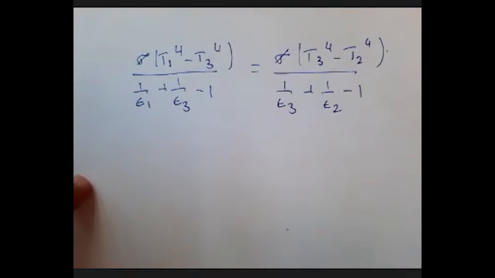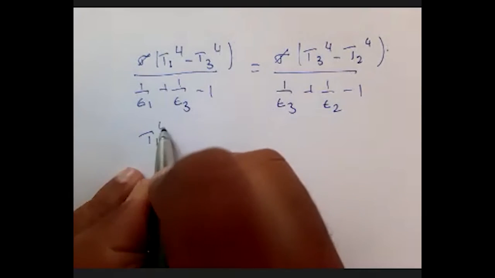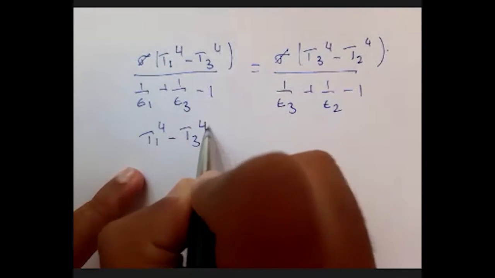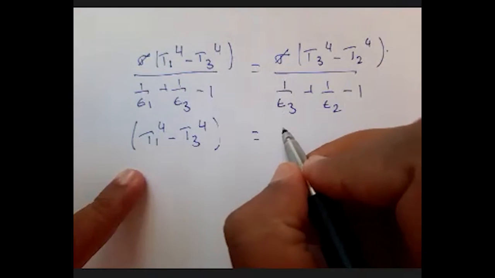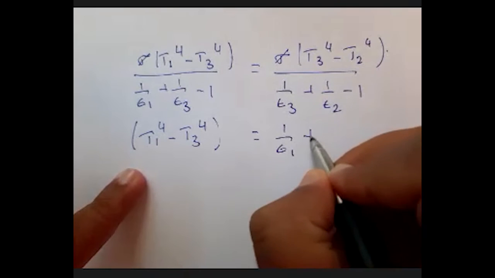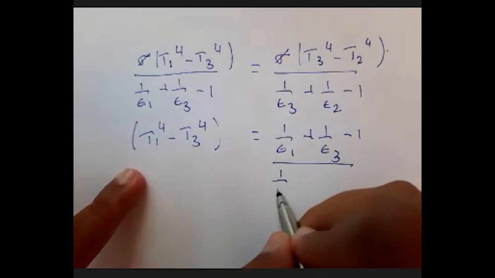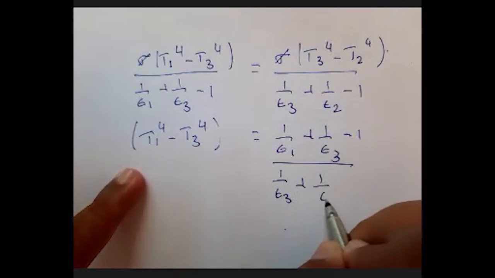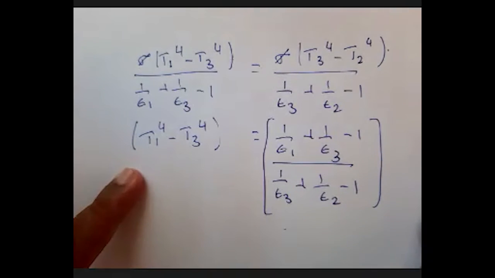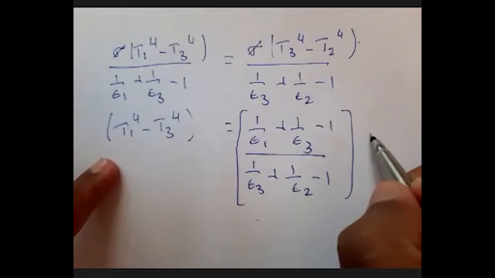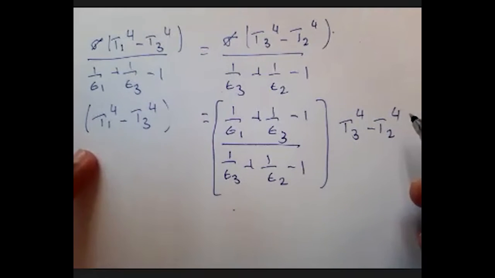I have the temperature terms. This is T1 raised to 4 minus T3 raised to 4. This is equal to 1 upon emissivity 1 plus 1 upon emissivity 3 minus 1 divided by 1 upon emissivity 3 plus 1 upon emissivity 2 minus 1, keeping it on one side, multiplied by T3 raised to 4 minus T2 raised to 4.